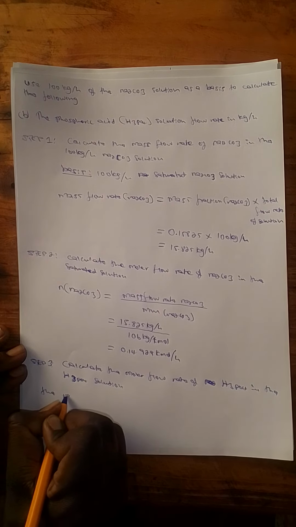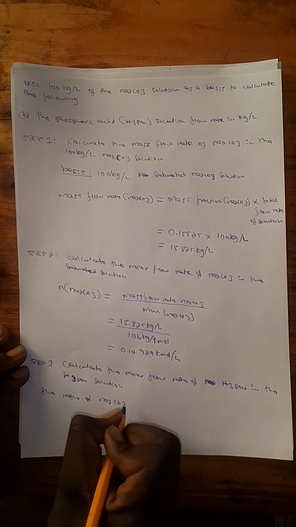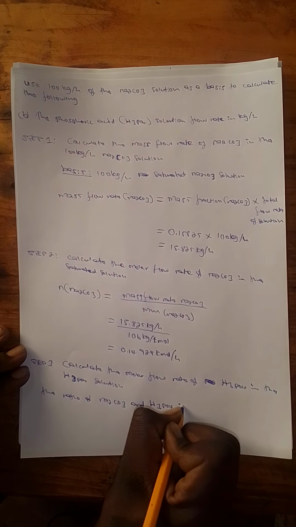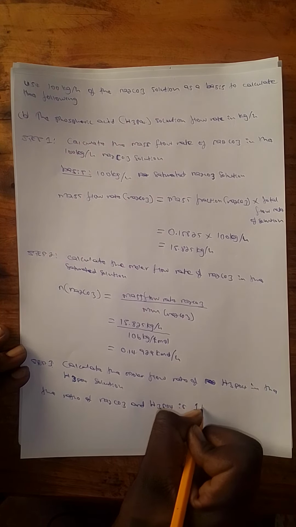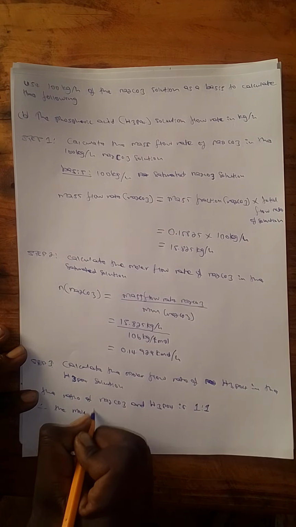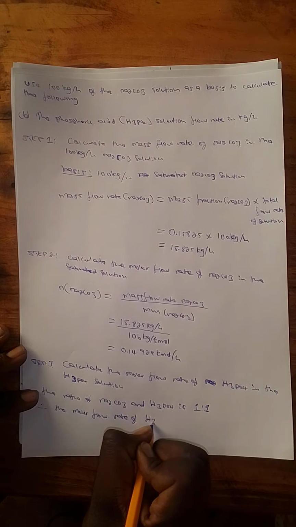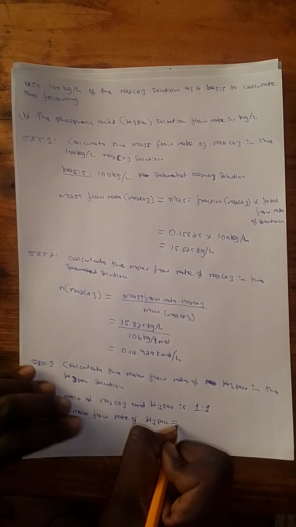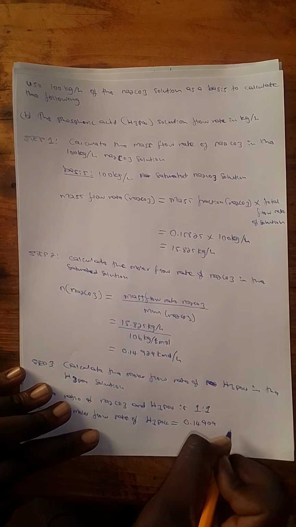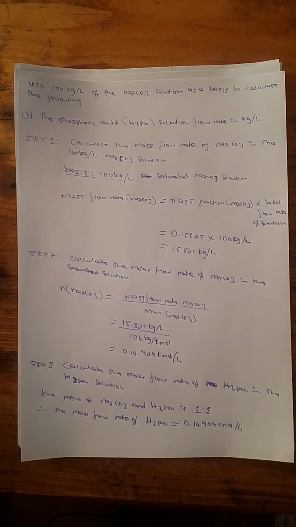The ratio of Na2CO3 to H3PO4 is 1:1. Therefore, the molar flow rate of H3PO4 is 0.14929 kilomole per hour. So that is our third step.